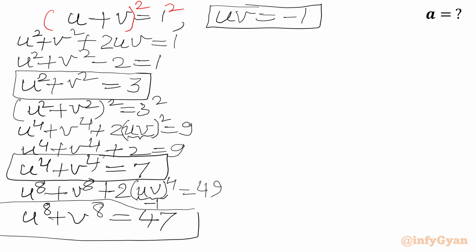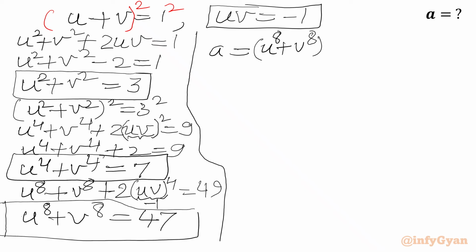Now we can calculate the value of A easily. Let me write our expression first. The value of A in terms of u and v: (u^8 + v^8) in the first bracket times (u^4 + v^4) times (u^2 + v^2) times (u + v).